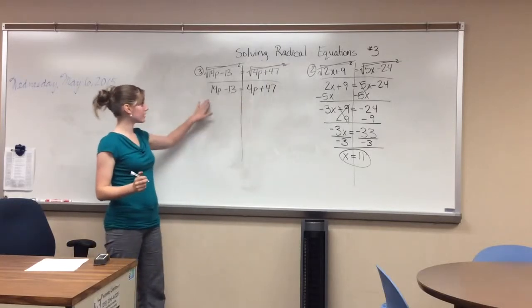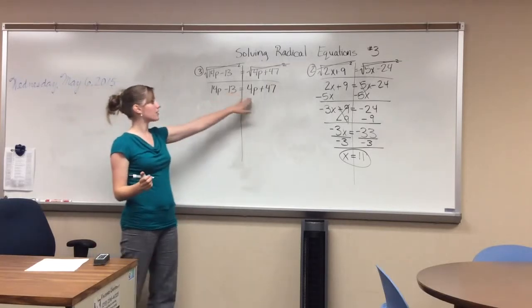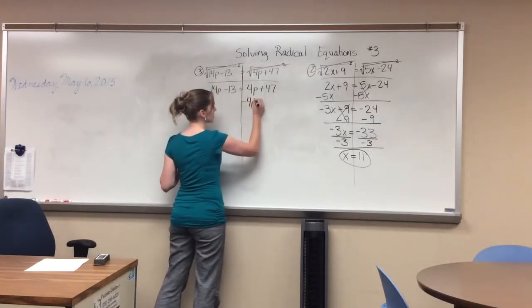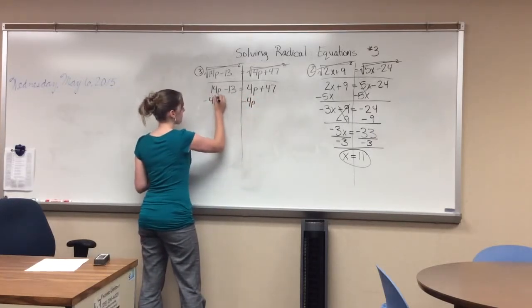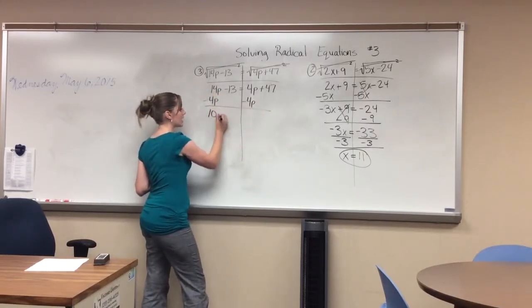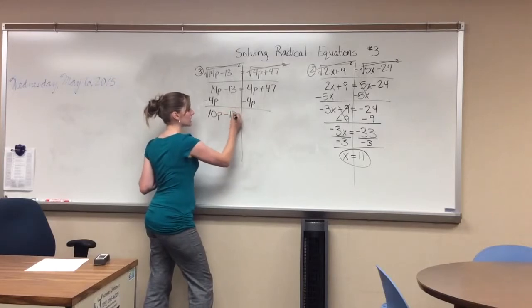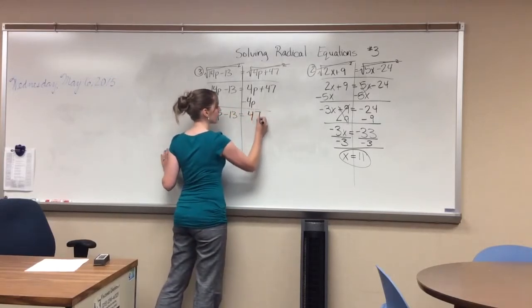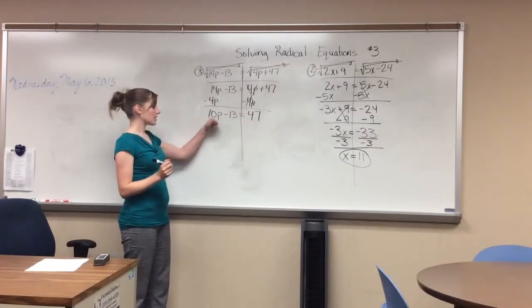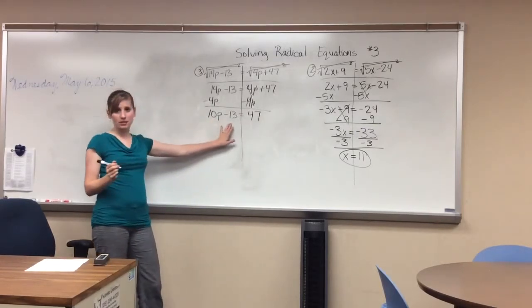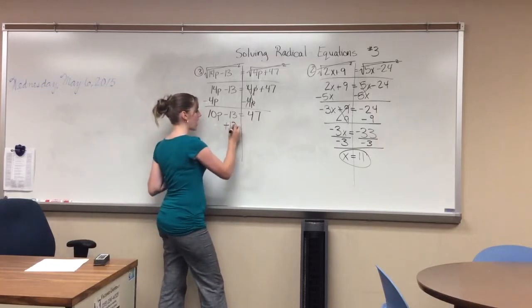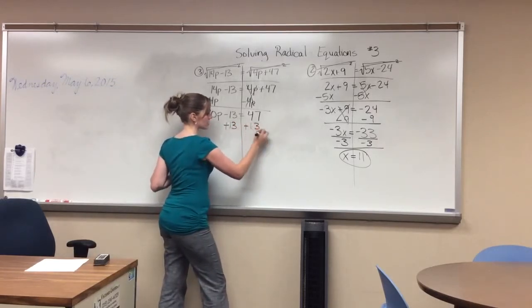I need to get my letters together. So to cancel out the 4p, I will subtract 4p from both sides. 14p minus 4p leaves me with 10p minus 13 equals 47 because the 4p's cancel. After that, to get p by itself, I need to cancel out the subtract 13, so the opposite would be to add 13 on both sides.